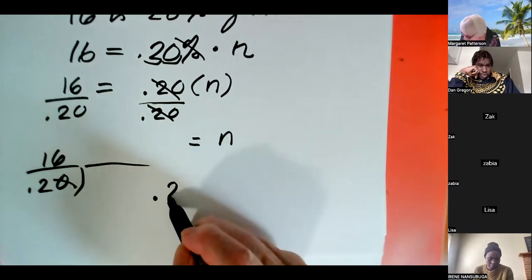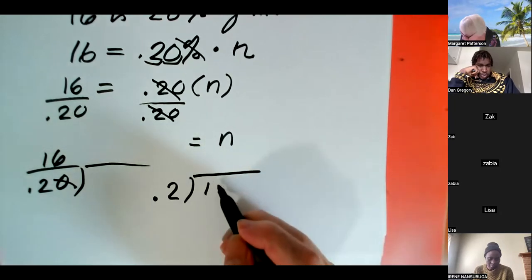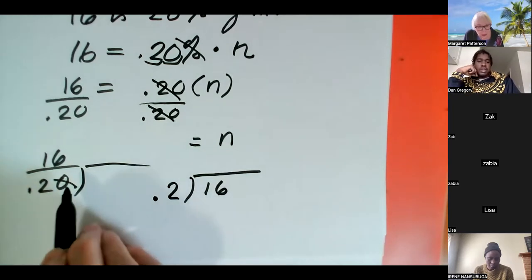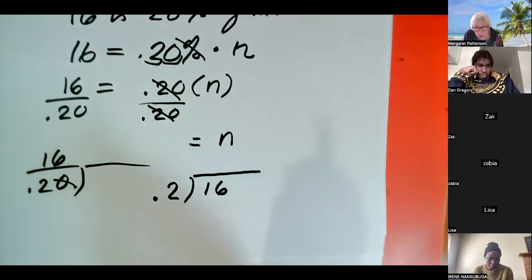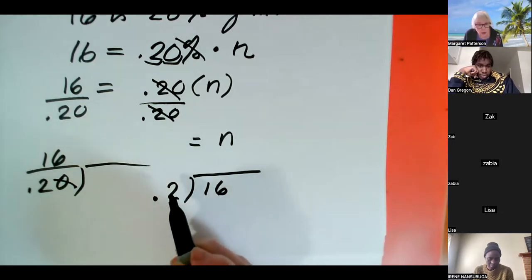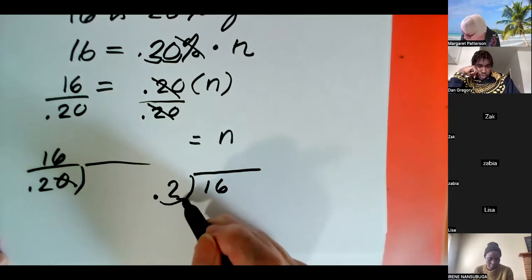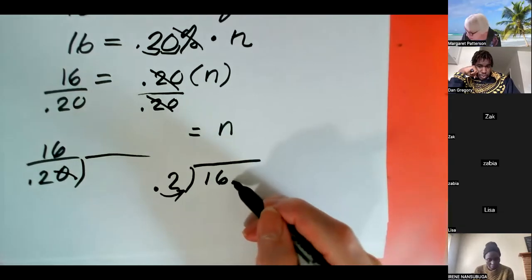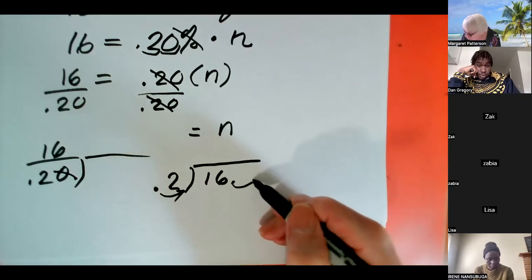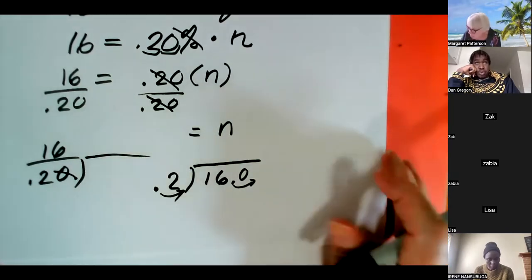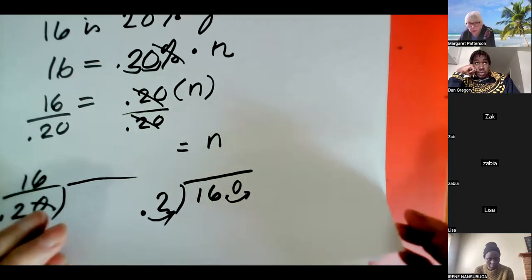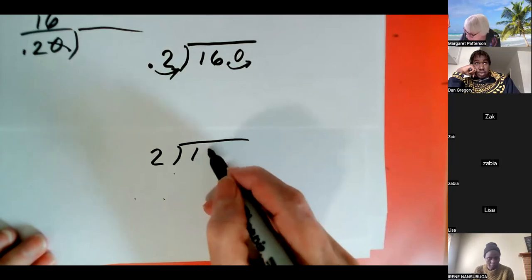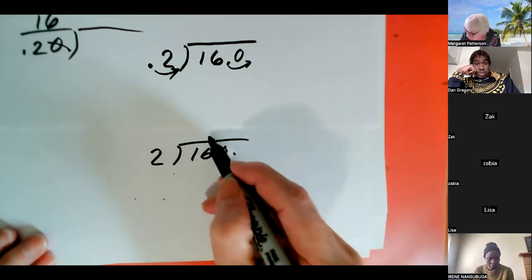So it would be 0.2 into 16, because trailing zeros at the end don't change anything, so it keeps the numbers smaller. This would still have to be shifted one place to make it a whole number. There's your decimal point, you'd have to shift it one. So the actual problem becomes 2 into 160. 2 into 160 is 80.